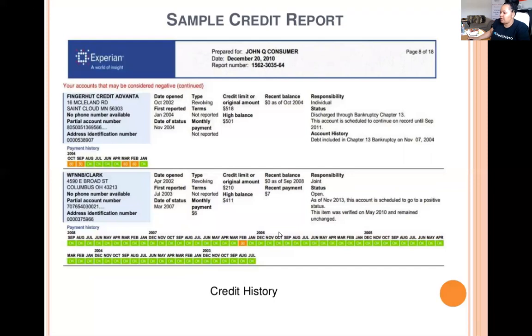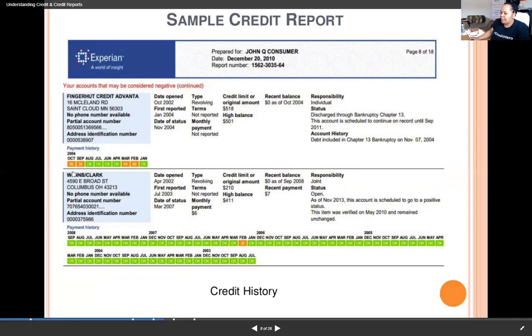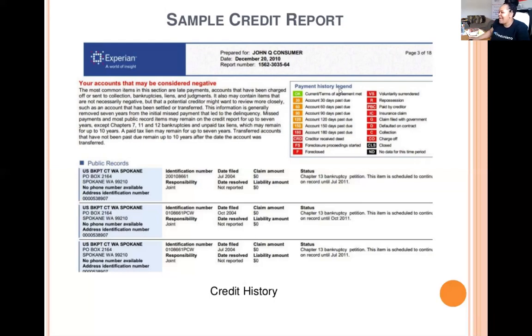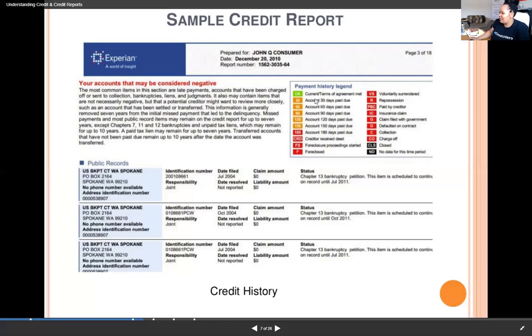Now, going into looking at the different trade lines. On the previous page, you saw the metrics, right? This is where I want you to pay attention to what the metrics is telling you. Payment history legend. Okay, so what is it telling us? If it's green, current terms of agreement is met.